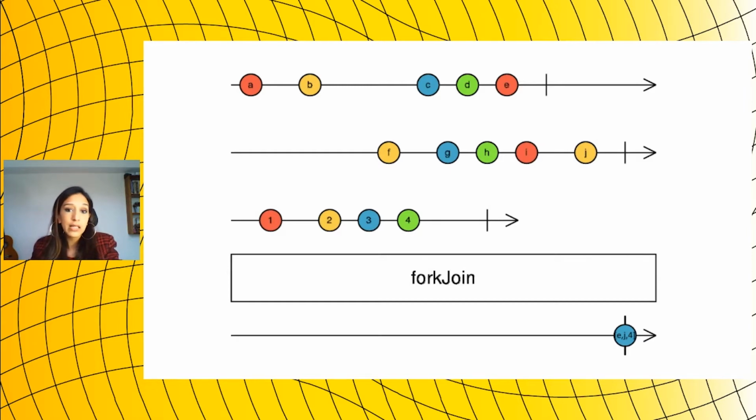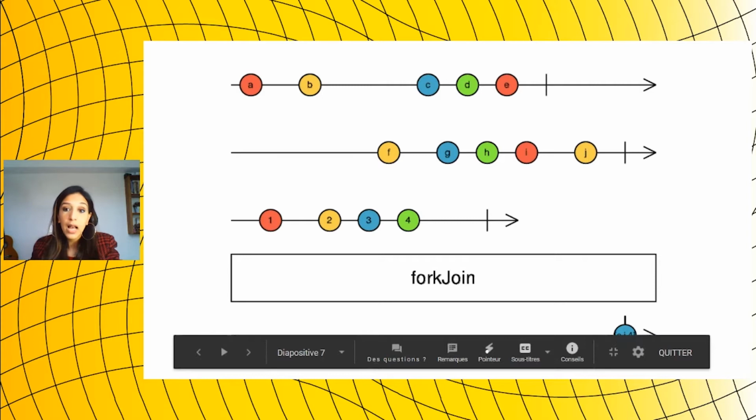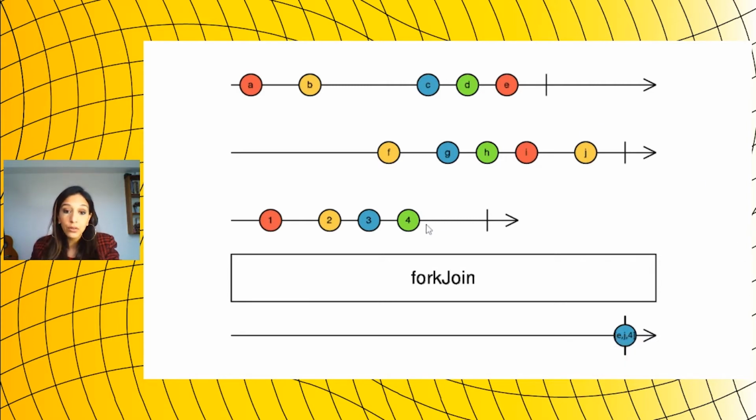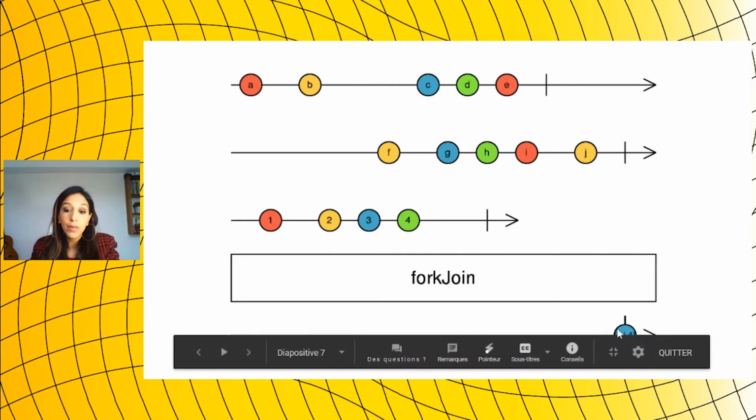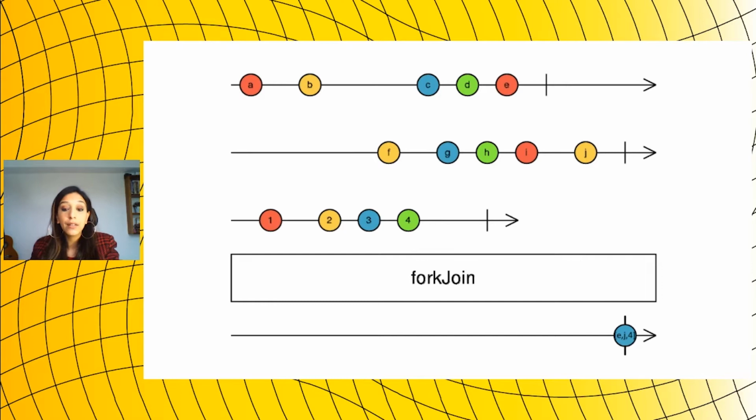As you can see in this marble diagram, I have 3 streams. The last value of each stream will be emitted here at the end, and forkJoin will complete all the streams and the combination of all the streams also.